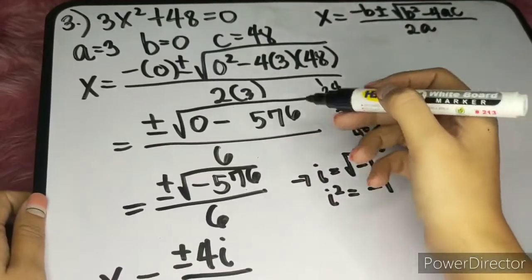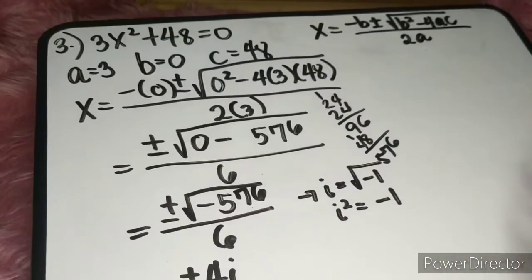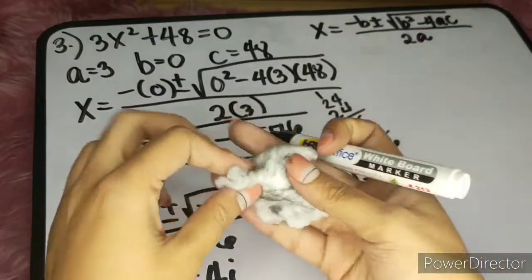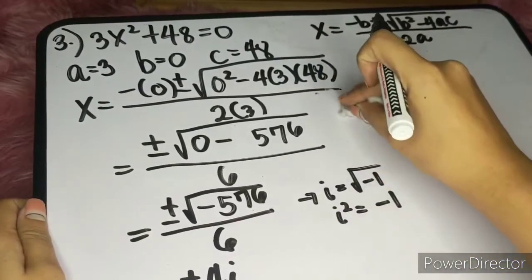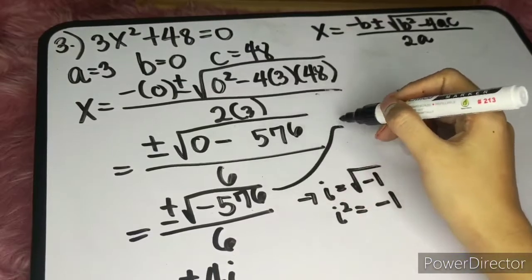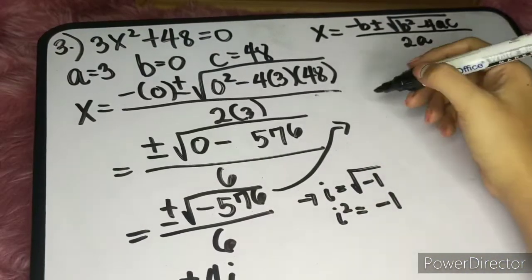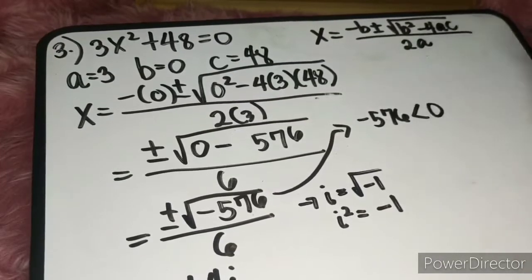I forgot to mention, nakalimutan kong banggitin yung discriminant natin. Okay? So, dito ko na lang isusulat. So, our discriminant, which is negative 576, is less than 0.